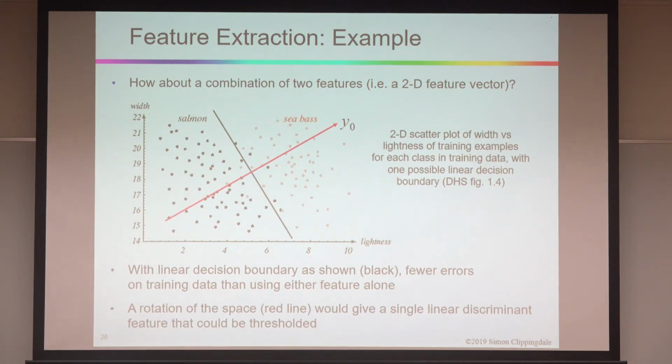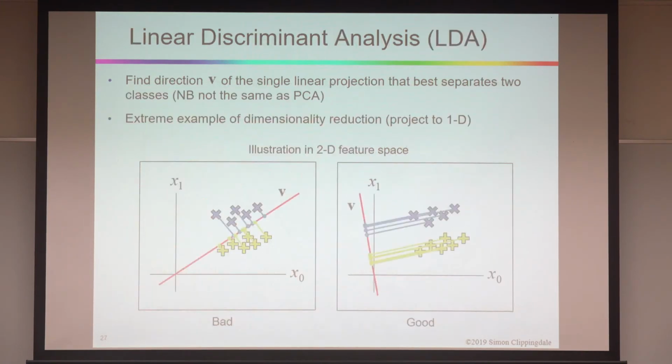So this raises the question of how you should choose a simple linear decision boundary like that. One answer to that question is a thing called linear discriminant analysis, LDA. It's important to say this is not the same as principal components analysis.